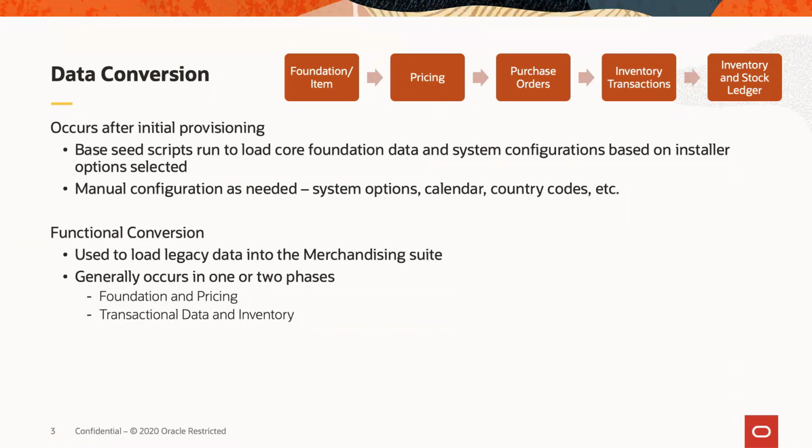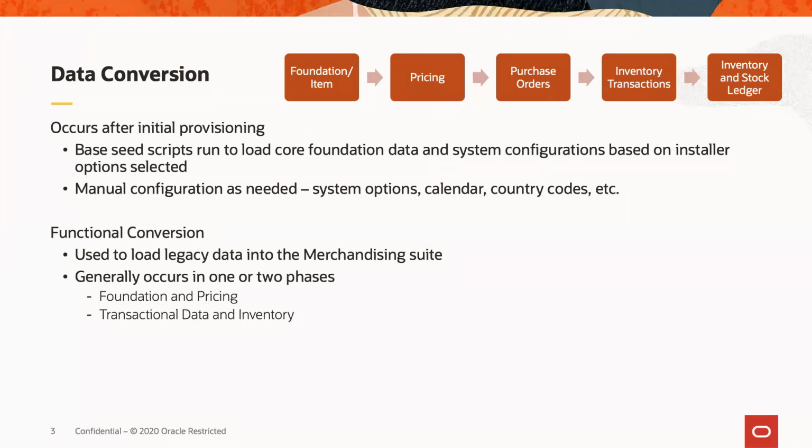For merchandising, that includes things like primary language and what other languages need to be loaded, and some of the system options that have limitations on being able to be changed after initial go live, and that type of thing.